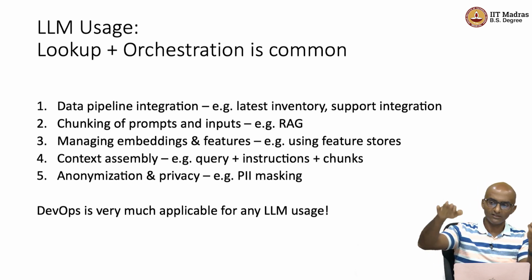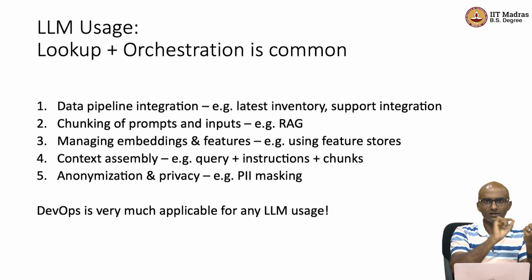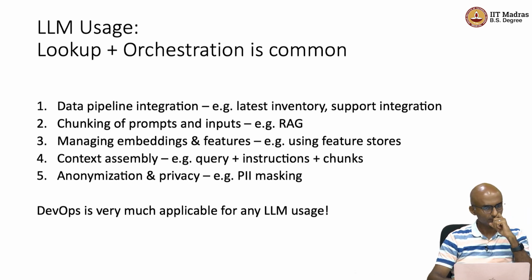And you've got these integrations across multiple different data sources or data information providers in a way that's very specific to how LLMs operate, which is chunking, tokenization, assembly, etc. So your CI/CD pipeline will have to factor all of this in when you build an entire product that uses LLMs internally. So DevOps is very much applicable.